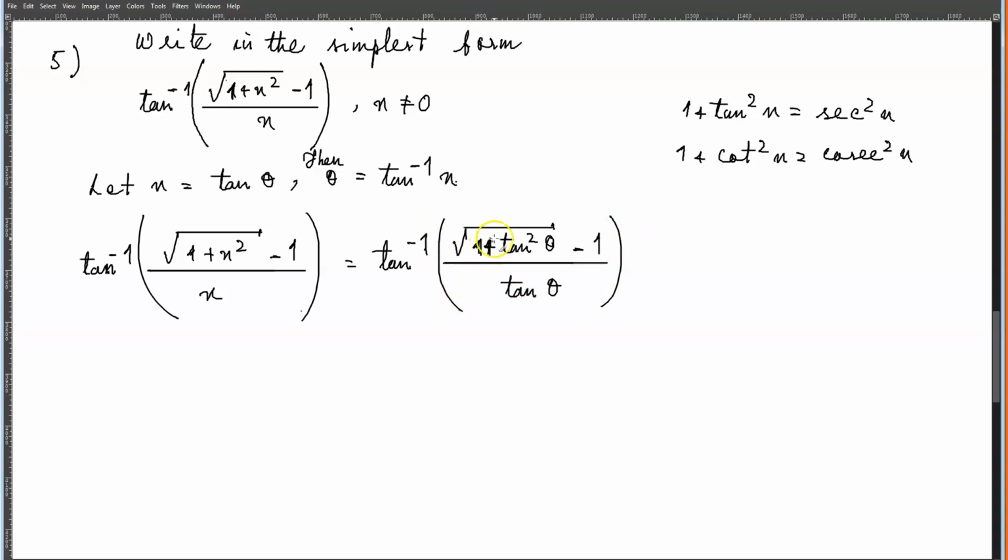And 1 plus tan squared theta is equal to secant squared theta, so that is equal to tan inverse of the square root of secant squared theta minus 1 over tan theta.